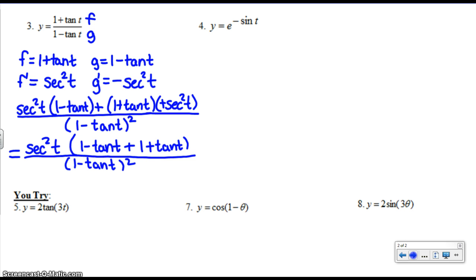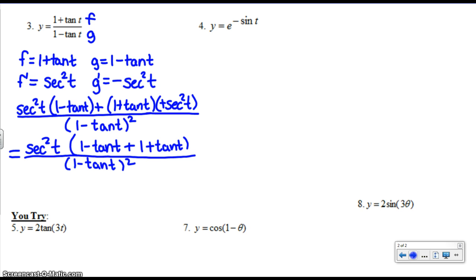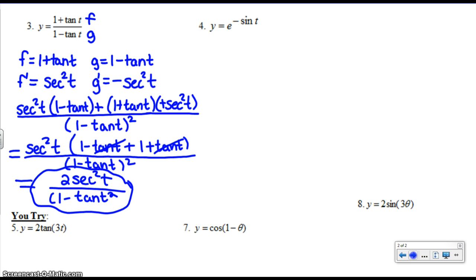And so on the top, the tan t's cancel out. The 1 plus the 1 gives me a 2. So on the numerator, I have 2 secant squared t over 1 minus tan t squared. And that is how we would leave the derivative.